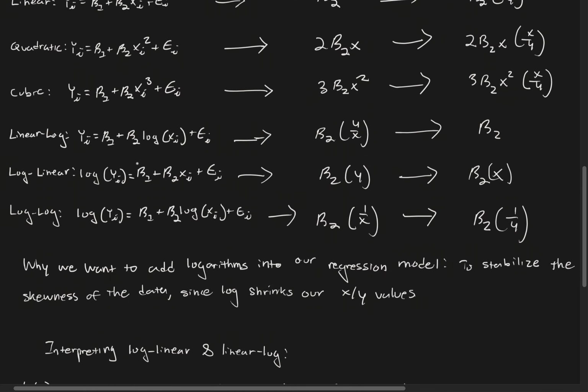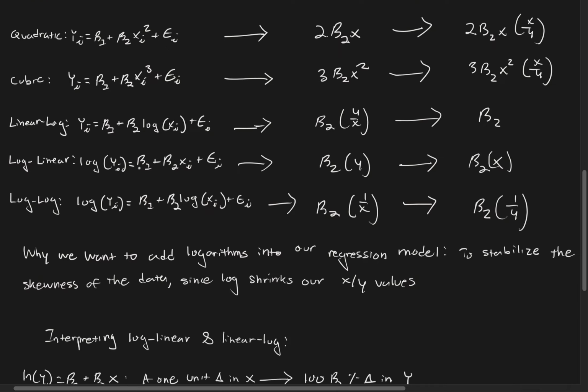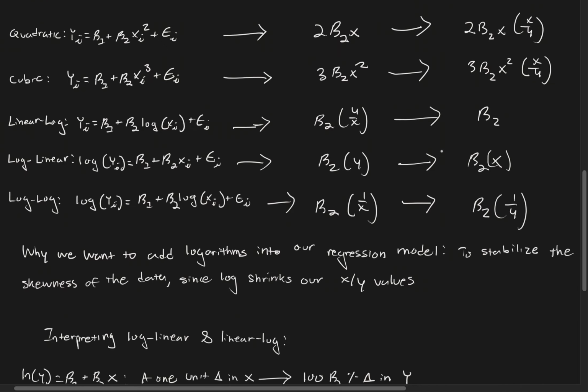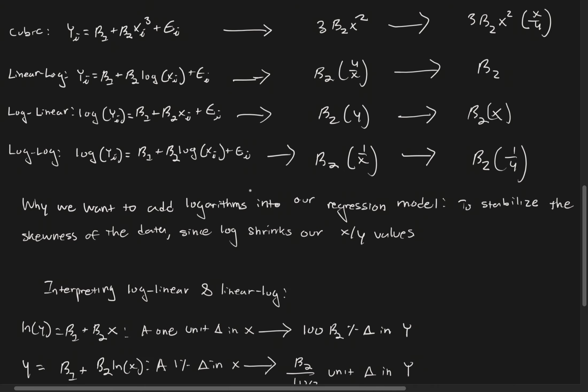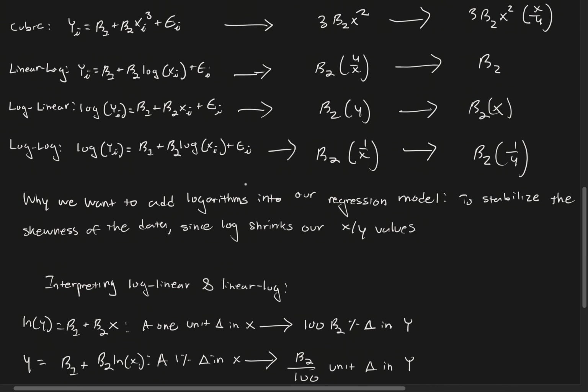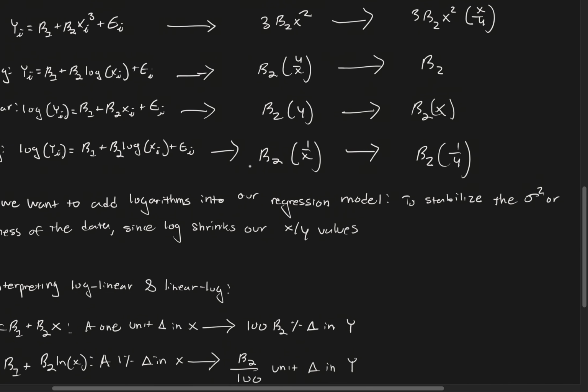And then the log models, they are a little more complicated. Now, before we go into these specific formulas, we want to know the reason why we're logging the functions in the first place. And in general, we're doing that because we want to stabilize the skewness of the data or the variance of the data.